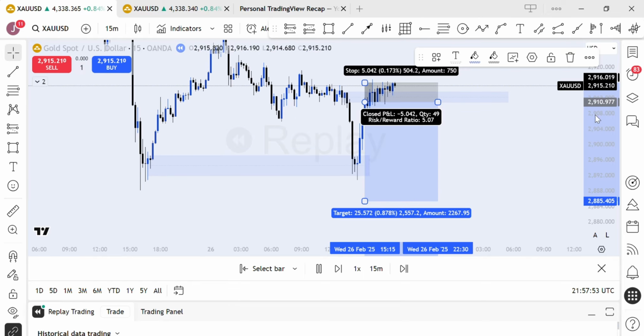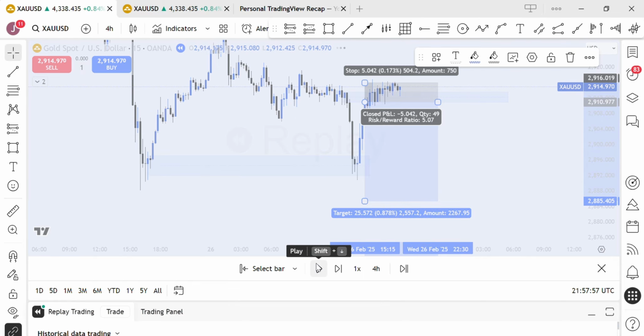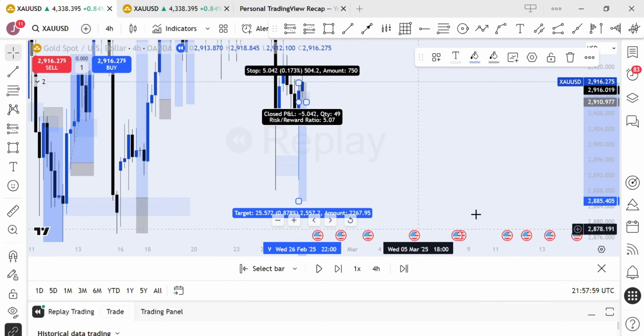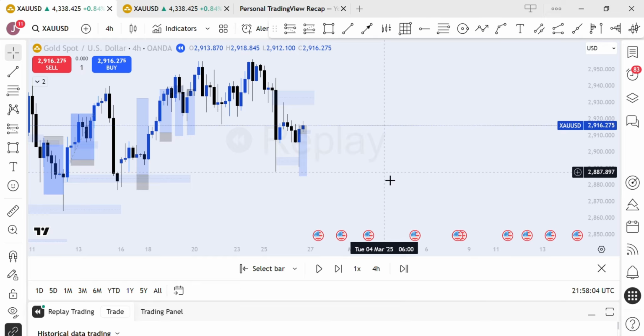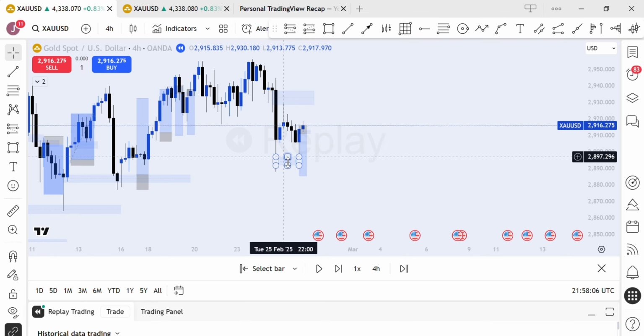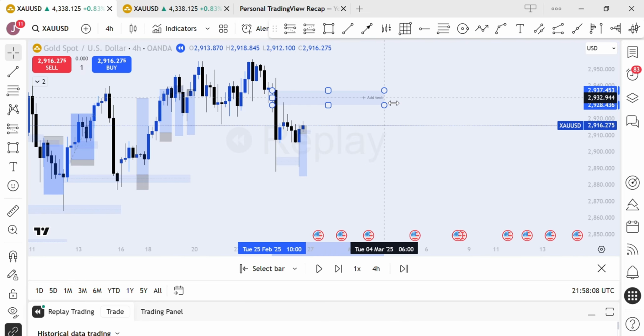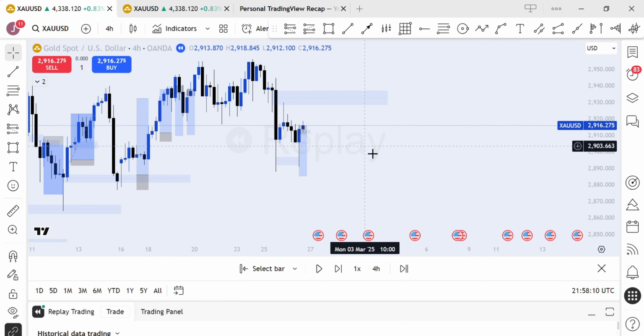So 3 stop losses in a row, guys. So price seems to be respecting this block. So let's see if we can push price higher, or if this zone can stop price.